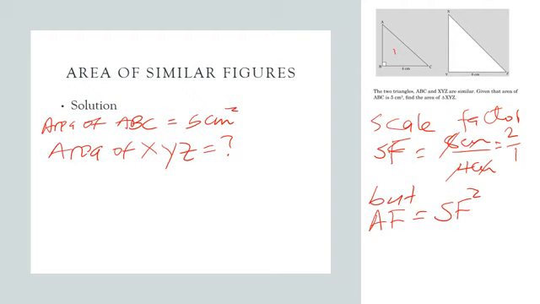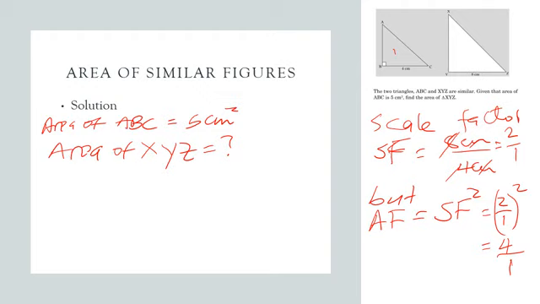We have already shown that, which means it will be equal to 2 over 1 in brackets squared. So 2 squared is 4, 1 squared is 1. So our area factor in this case is 4 over 1.